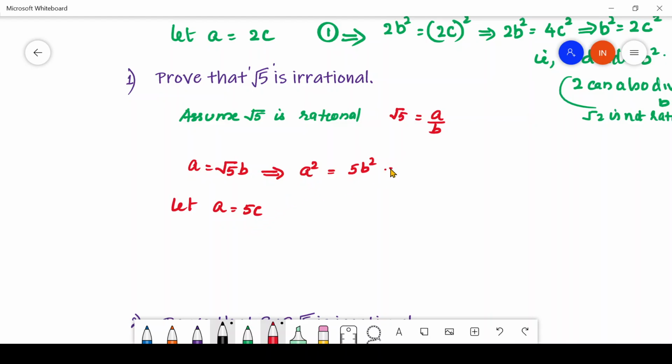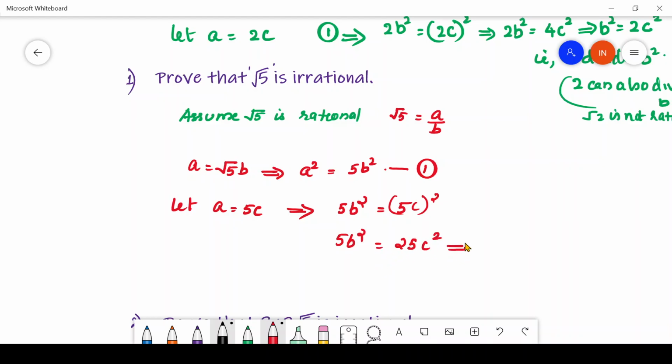So how can we change this equation? We can write it as 5b square is equal to 5c the whole square, right? That means 5b square is equal to 25c square.